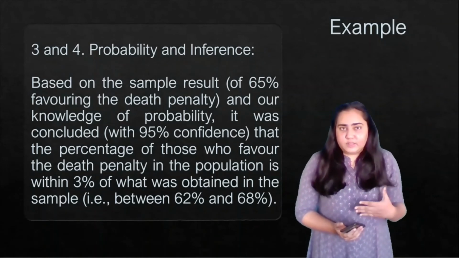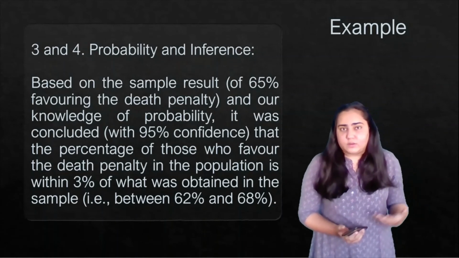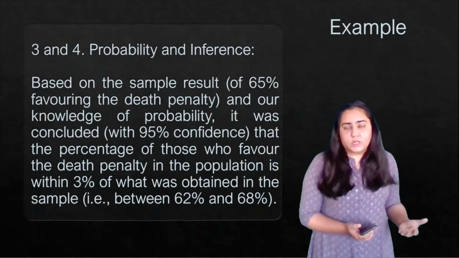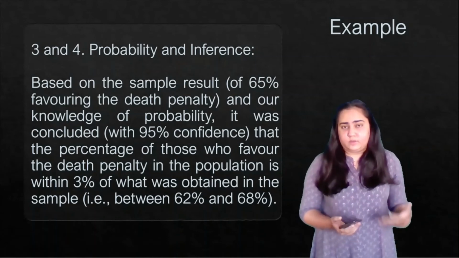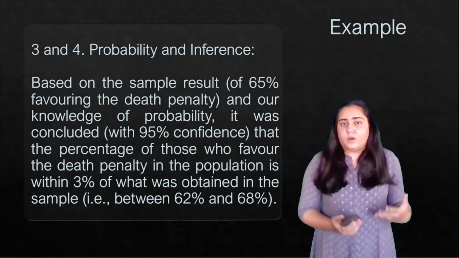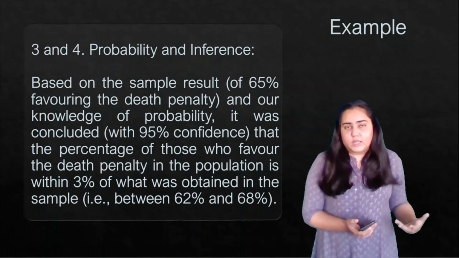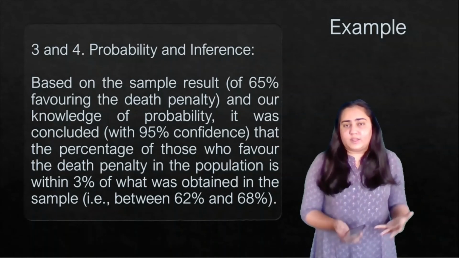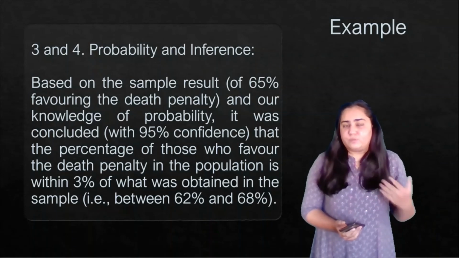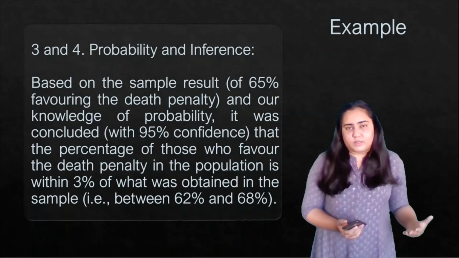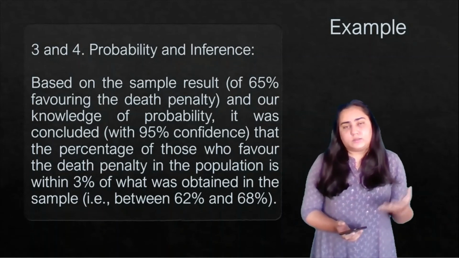But after that, by calculating the probability and inference, we found that based on this summarization, we can tell, and we are 95% confident about this, that if we were to ask everybody in the US about the death penalty, then about 62 to 68% of people will favor it.